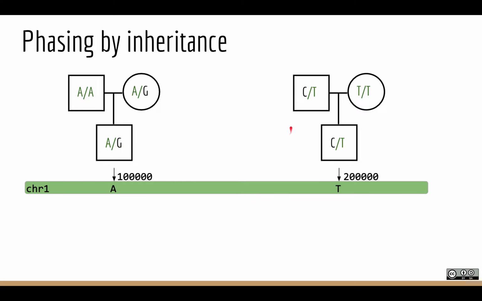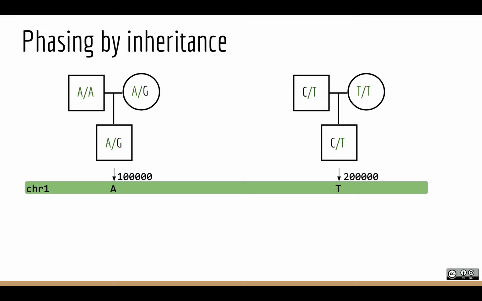And then on this site, let's say C is deleterious, and we can be confident that that C came from dad. So now both the maternal copy of the gene is knocked out and the paternal. So that would be recessive. Recessive diseases require both copies of the gene to be disrupted. And it's this study design of being able to sequence dad and mom and kid that allows us to be certain that it is a compound heterozygote.